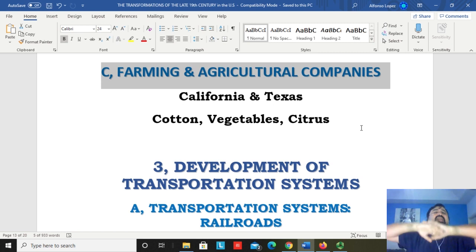You have now a national market. Farmers are forgetting about the limited markets of the past in which your consumers were only the nearby community surrounding your farm. Now you have the possibility of shipping your product all over the country. It's called a national market, that is to say.